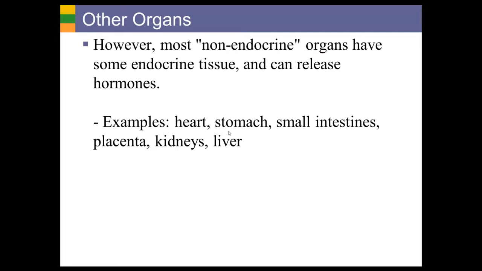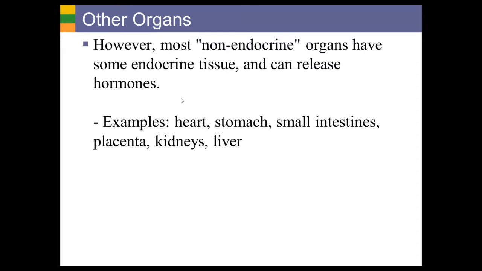Your heart, your stomach, your small intestines, the liver, your kidneys, even the placenta in a pregnant woman, they all release hormones. In most of these examples, we're going to talk about the hormones produced by these organs when we get to the cardiovascular system and the digestive system.